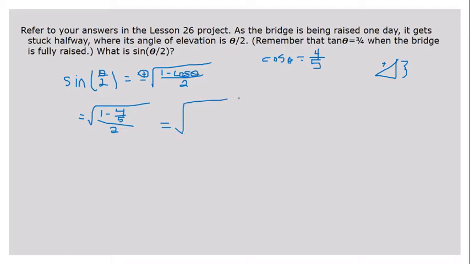I need a common denominator on top, so my common denominator is 5, so I'm going to change the 1 to be 5/5, minus 4/5, all of that divided by 2. You get the square root of 5/5 minus 4/5, which is 1/5, and our real denominator stays a 2.